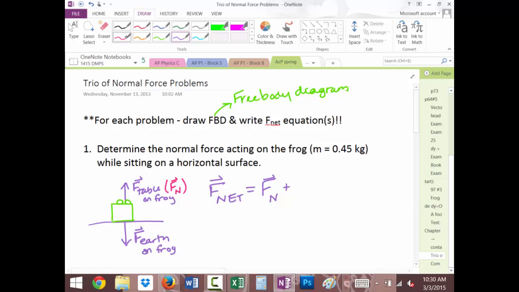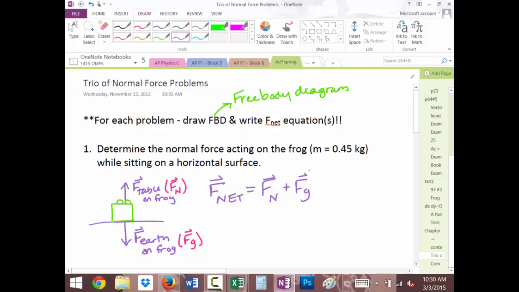And then what else am I going to write? Force of gravity, because my other one is an Fg, force of gravity. Are we doing okay? Is the frog accelerating? He's just sitting there. His velocity's not changing, so he's not accelerating.